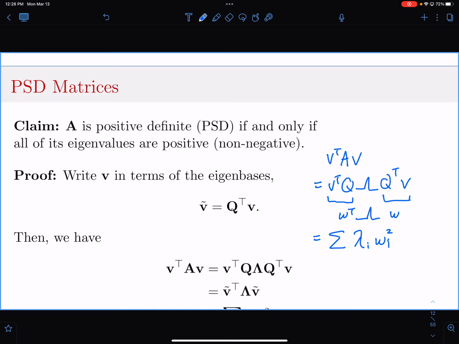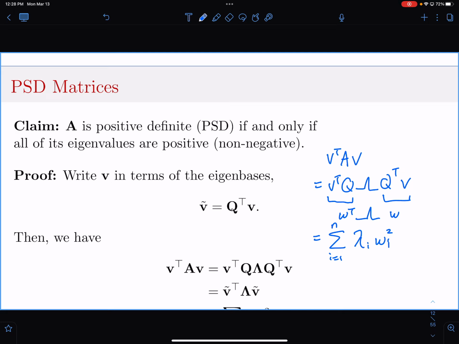Remember, in one of the lectures we wrote out the formula for the quadratic form, and it's exactly how the two terms are correlated by the matrix in the middle. Since the matrix in the middle is diagonal, we don't have any cross terms. So this is a summation from i equals 1 to n.